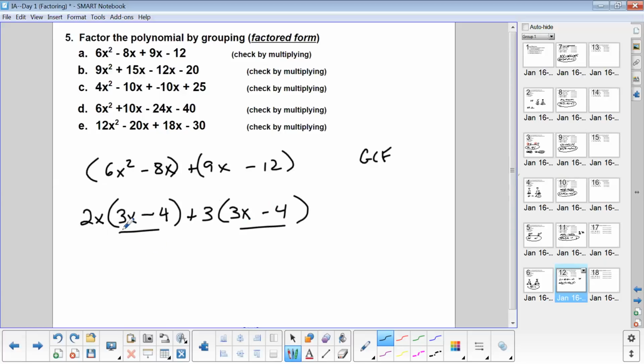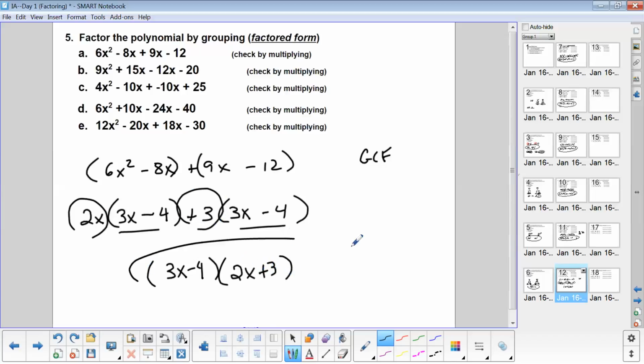So what I underlined there was 3x minus 4 is one factor, and what's remaining? 2x plus 3 would be the other factor. So if I give you 4 terms and ask you to factor by grouping, this is the result that I want.